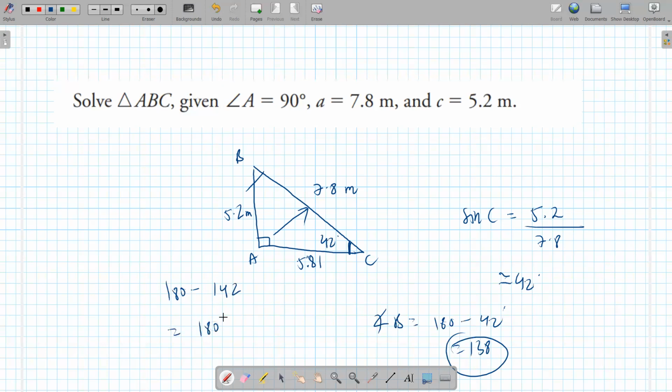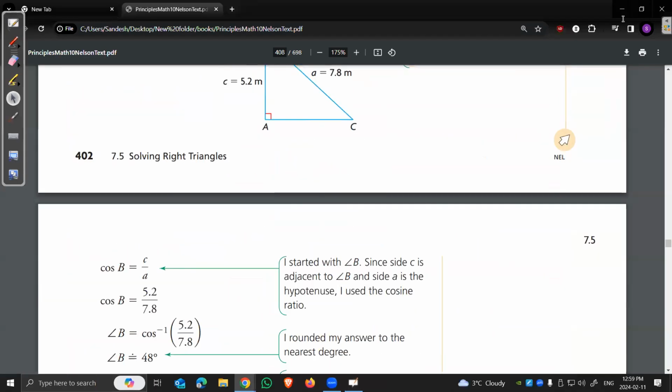This is the same thing as doing 180 minus 40 minus 2. 180 minus 40 is 140, minus 2. It's going to be 138. And that's it for that question.